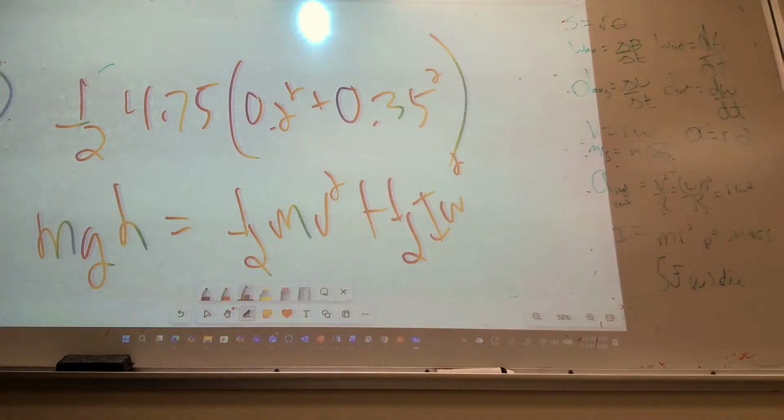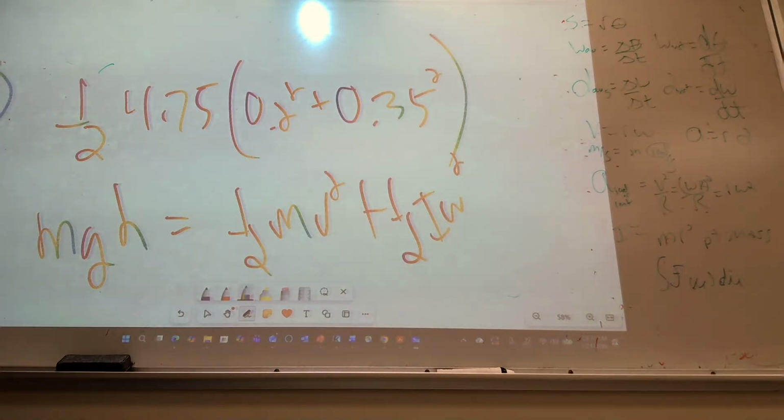And you know the V, so that actually makes it easier as well. We can just plug in M, plug in V, plug in for our I. So plug in your I for your 1/2 I omega squared.